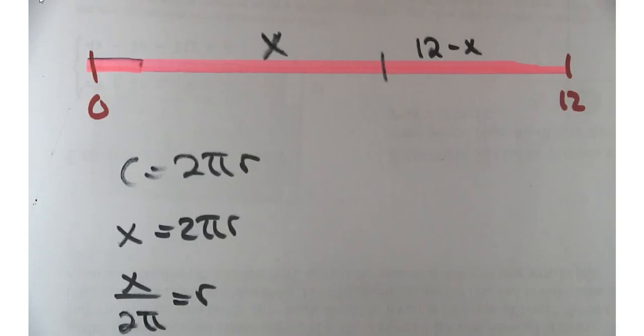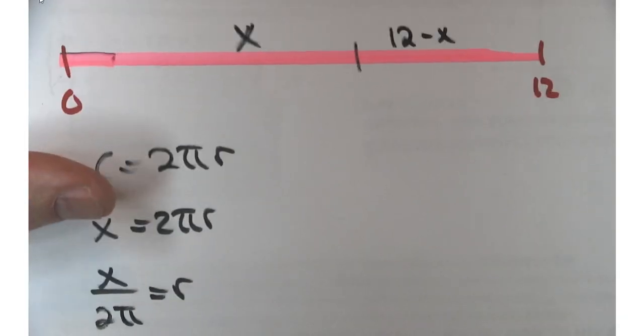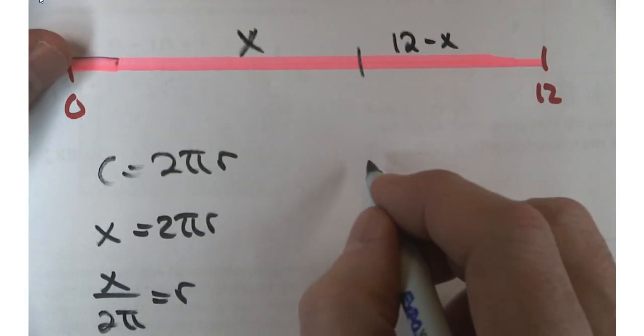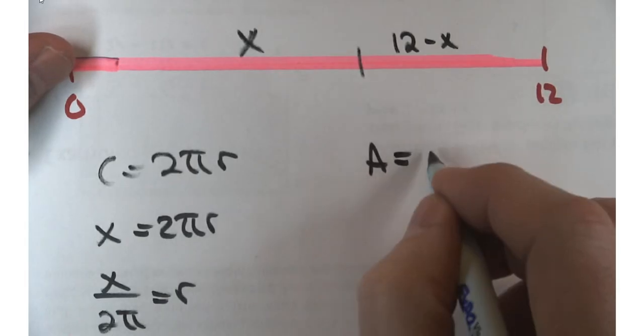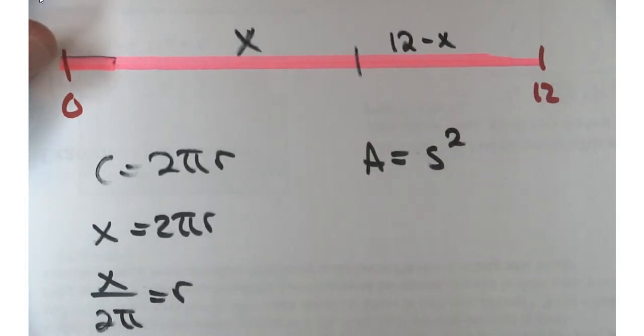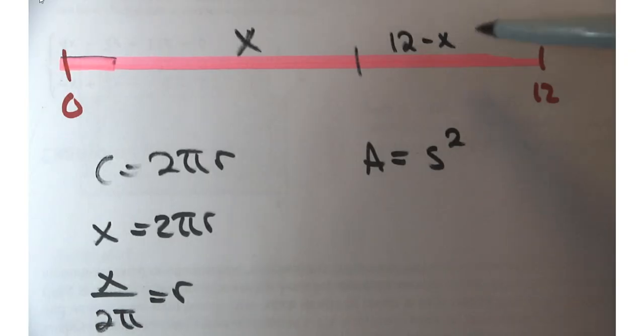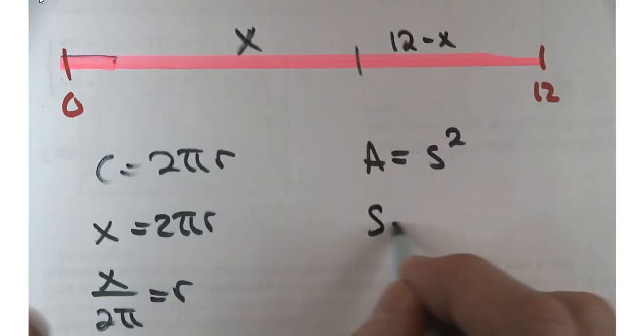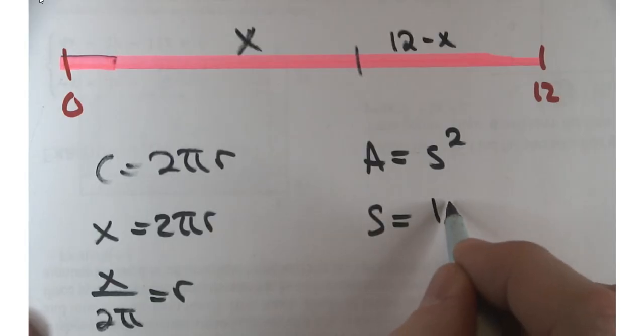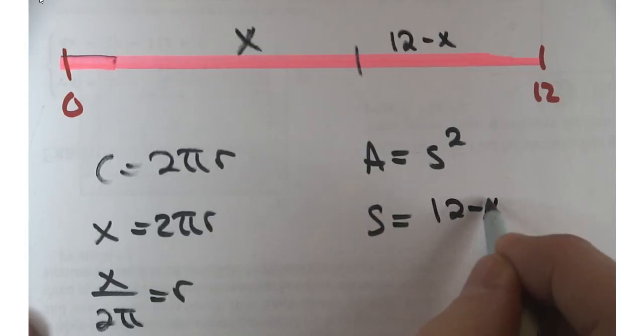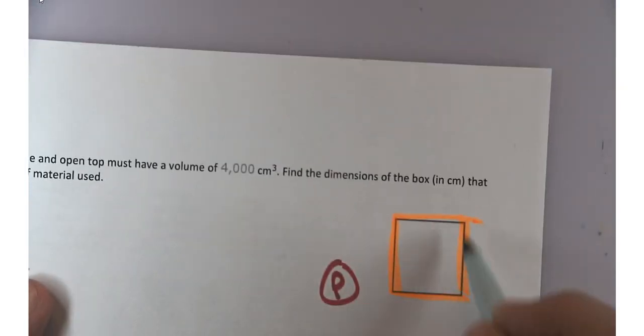What about the area of the square? Area is going to equal the length of the side squared. But what's the length of the side going to be here? It's going to be the absolute value of 12 minus x. Well, let's see. Remember that 12 minus x is going to have to wrap itself around this square.